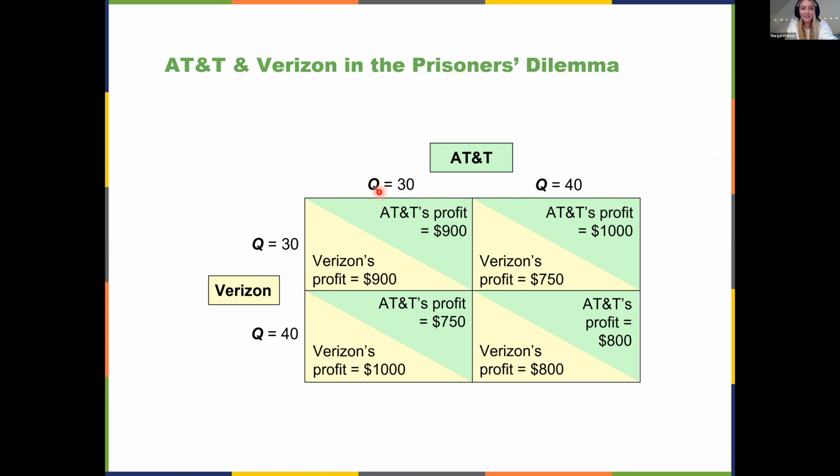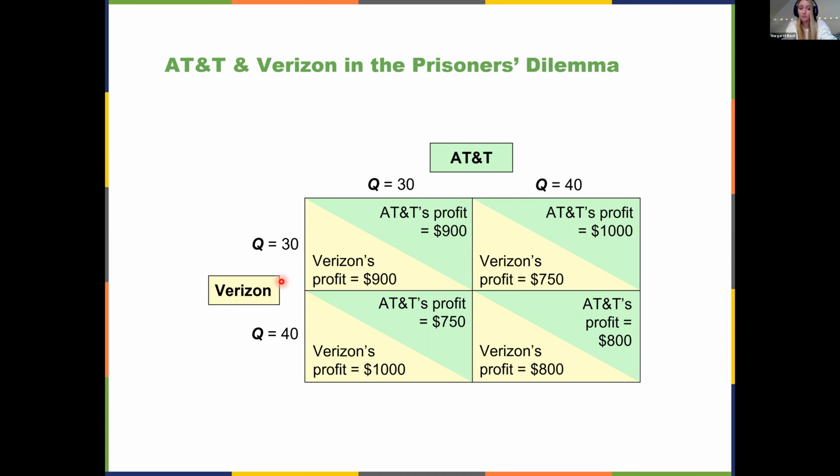However, in addition to producing the monopoly outcome, they can also produce a higher quantity to try to undercut the other competitor. So if AT&T decides to cheat on the agreement and produce 40, depending on what Verizon does, Verizon could get undercut and make $750, or they can make $800 if they also cheat.